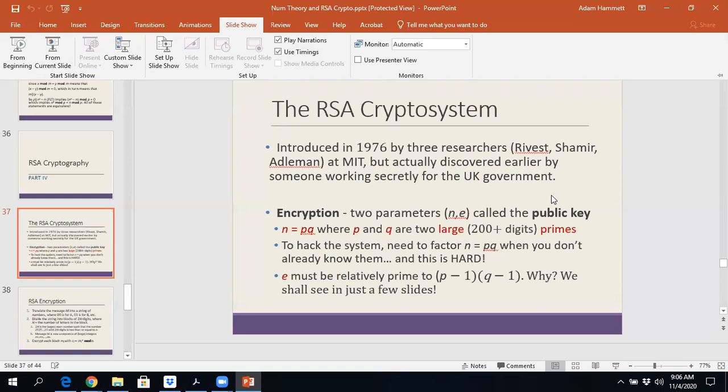So it's kind of like a one-way trapdoor function. And then it comes to me, and I have the critical piece of information that actually allows me to decrypt that message. And it turns out the critical piece of information is how to factor the modulus. Yeah?